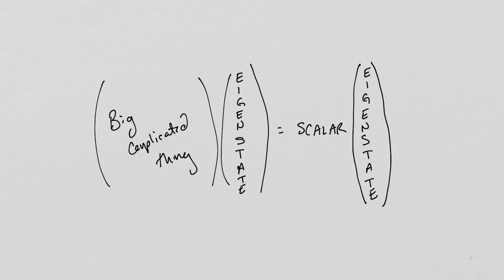Okay. And so if I spend the time to find the eigenstates and find the eigenvalues of a problem, that often pays out in the long run, because then I don't have to worry about the big complicated operators, because I've found the states of that problem for which those big complicated operators just reduce to scalars. And it's always nice to work with just scalars.